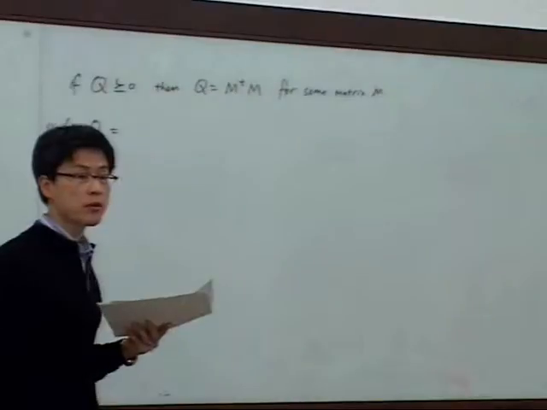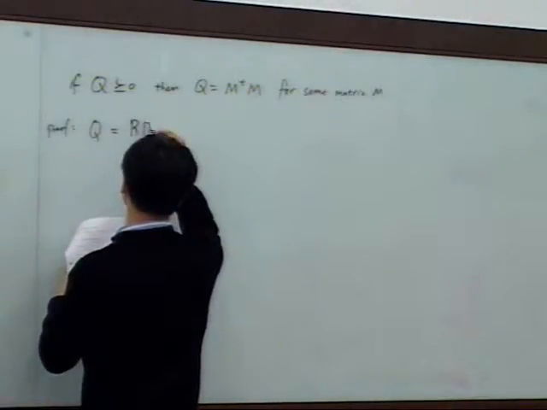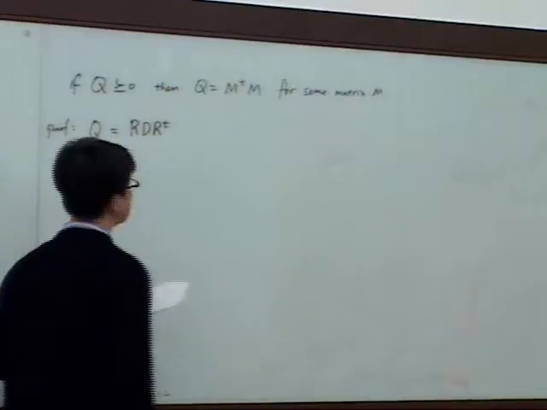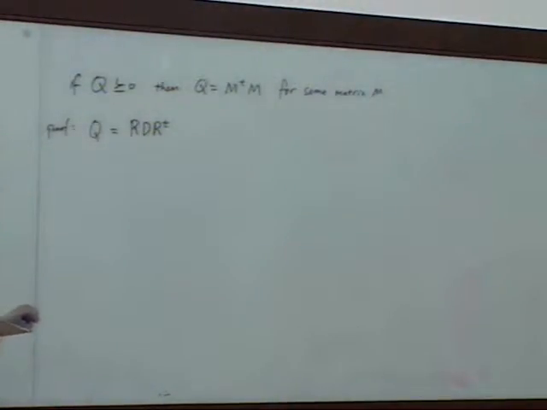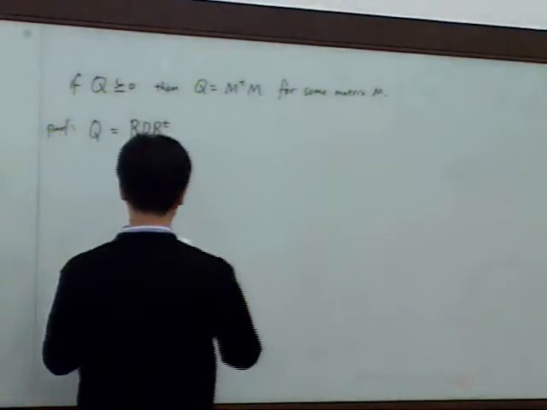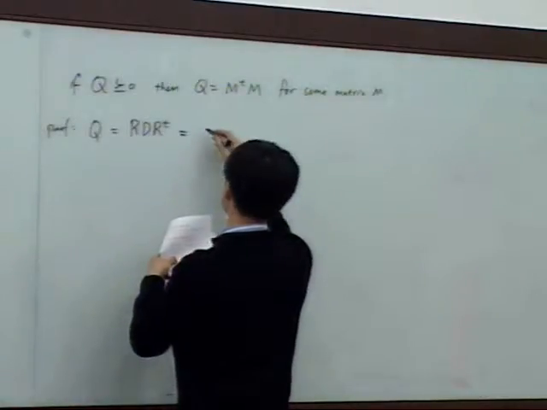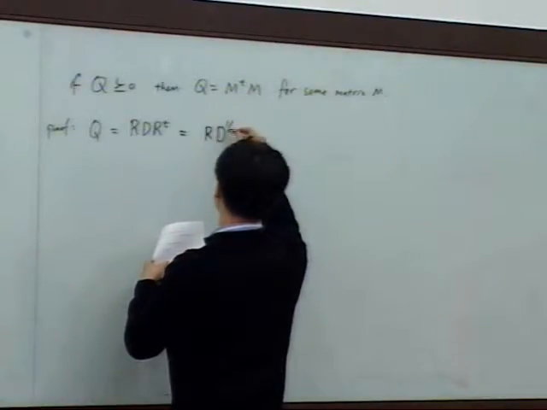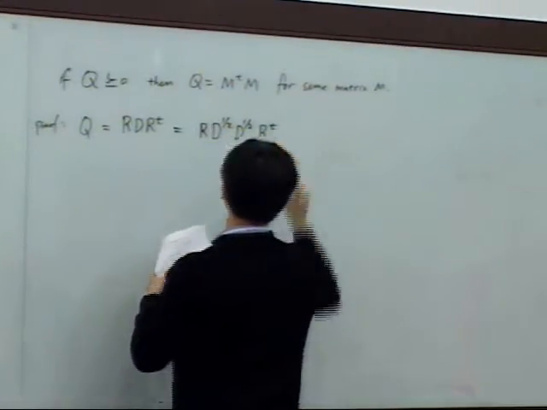If Q is positive semi-definite, we already showed that this is R D R transpose. And D is the diagonal matrix with eigenvalues, and this R is the matrix of eigenvectors. And we can rewrite this one as R sqrt(D) sqrt(D) R transpose.